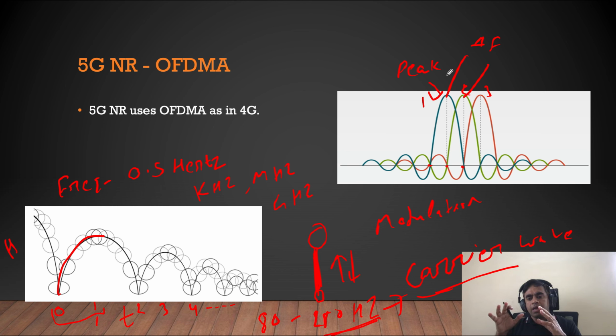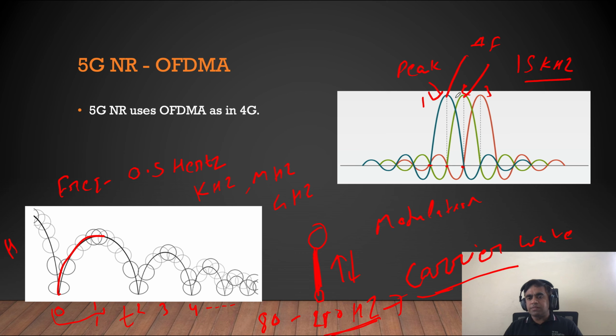So 5G NR, the 5G new radio, actually uses OFDMA, as was the case with 4G as well. So 4G was also using the same technique. The only difference is, since 5G has a wider range of frequency, this delta F can cause some issues. So for 4G, this spacing was fixed at around 15 kilohertz.